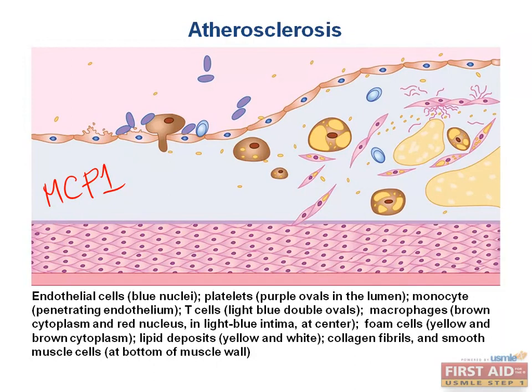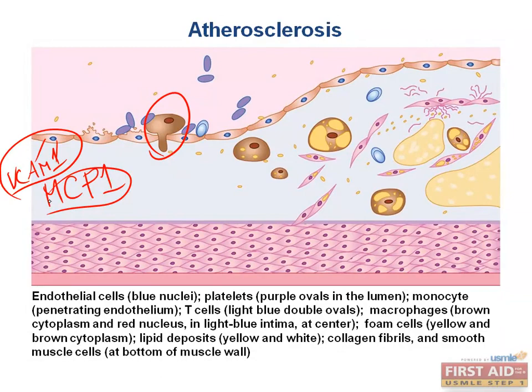Monocytes get this invitation to party and then they come back and perpetuate this process. There are also new markers on endothelial cells called vascular cell adhesion molecule 1, VCAM1. We've seen that before. So now monocytes are invited to the party. As you can see here, there is a signal for chemotaxis by MCP1, which is monocyte chemotactic protein 1, and then there's ability for these cells to now cross this barrier by the expression of VCAM1.